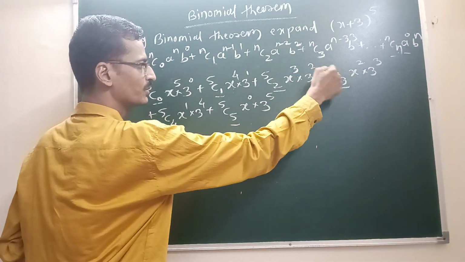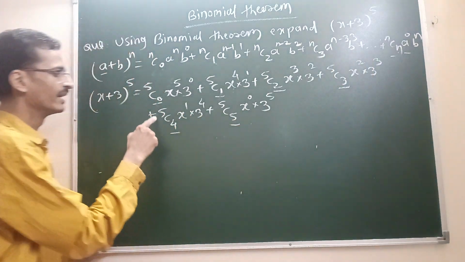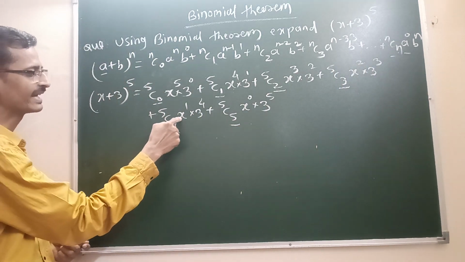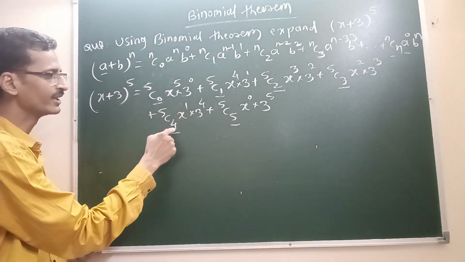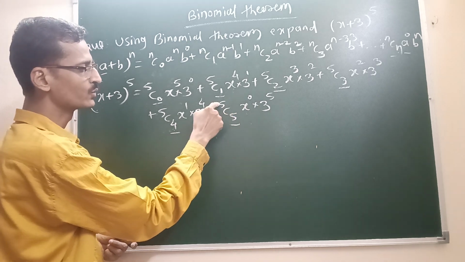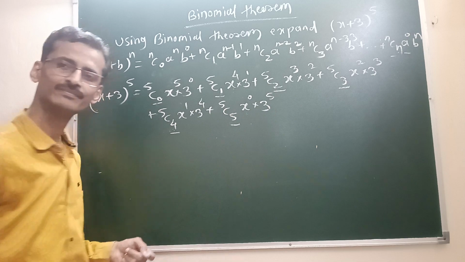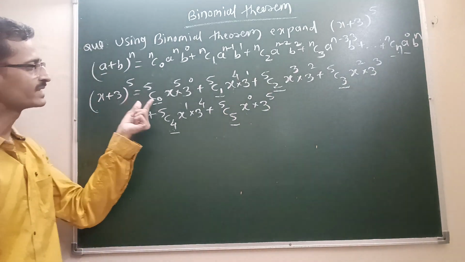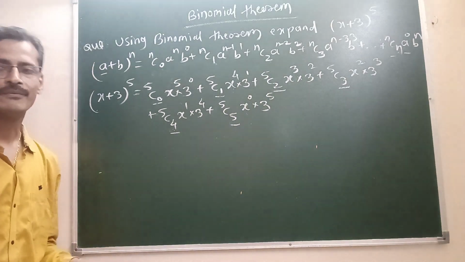Here x raised to 5 minus 3, 2, and 3 raised to 3. Next, in 5C4, write x raised to 5 minus 4, 1, and 3 raised to 4. Next, 5C5 into x raised to 5 minus 5, 0, and 3 raised to 5. Now we have to find 5C0, 5C1, 5C2, 5C3, 5C4 and 5C5.